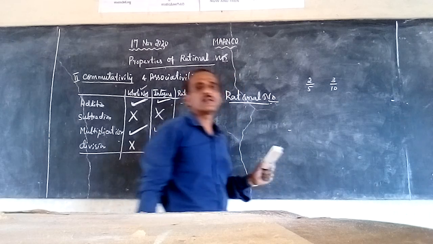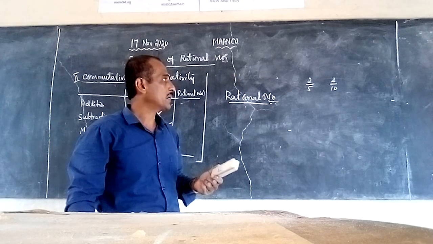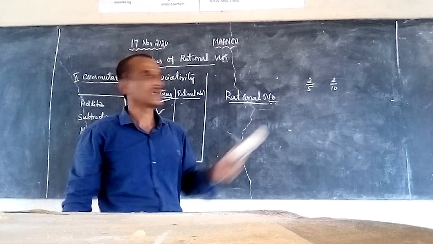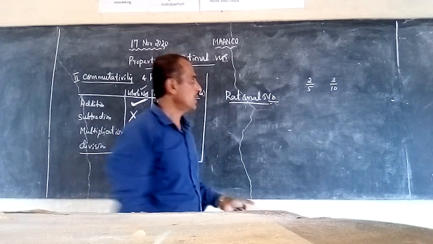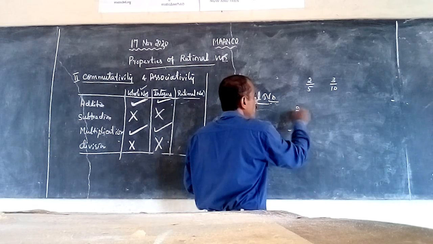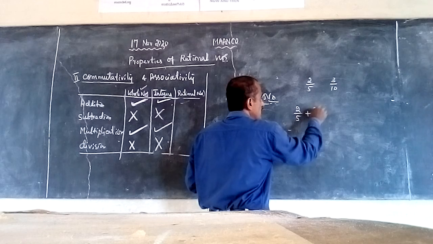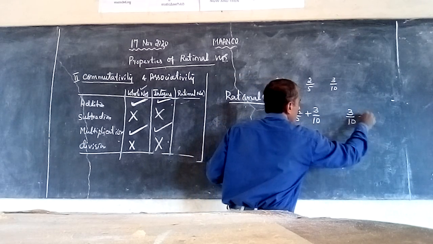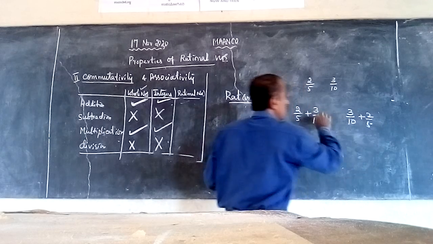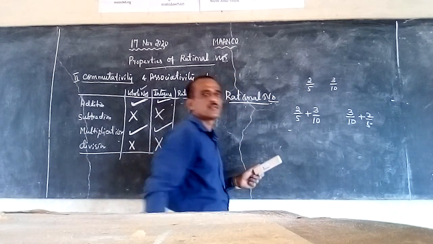Rational numbers can be represented in the form of p by q. Let us check whether 2 by 5 plus 3 by 10 is equal to 3 by 10 plus 2 by 5, whether both sides are equal.